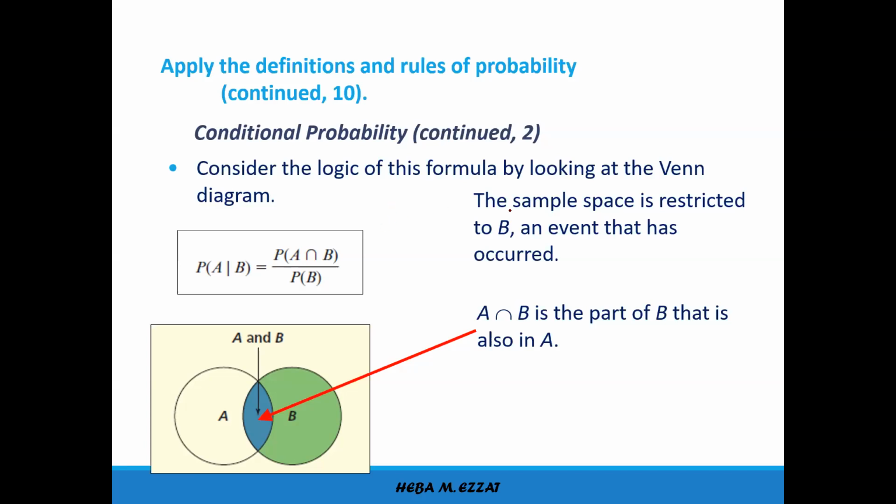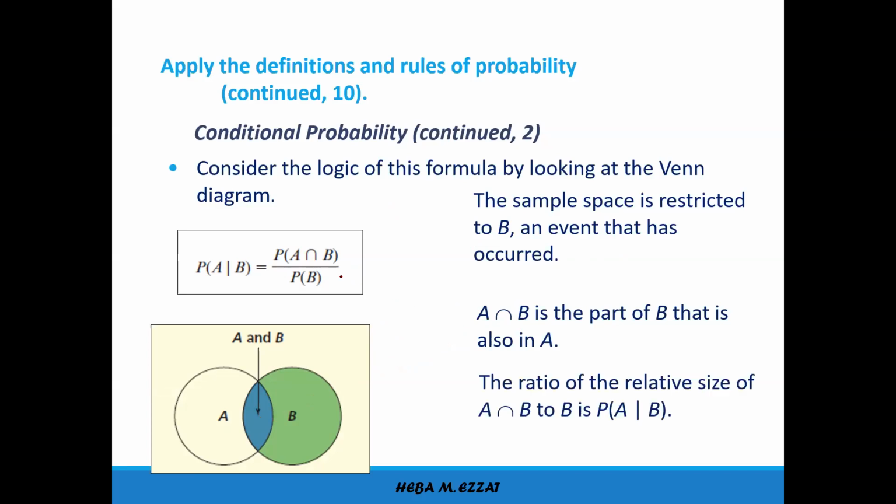As the sample space is restricted to B, that has occurred, we are restricting ourselves to the intersection between the two parts, and we put it in terms of a ratio, or the relative probability of getting this intersection, both of the two events having occurred, given the probability of B.